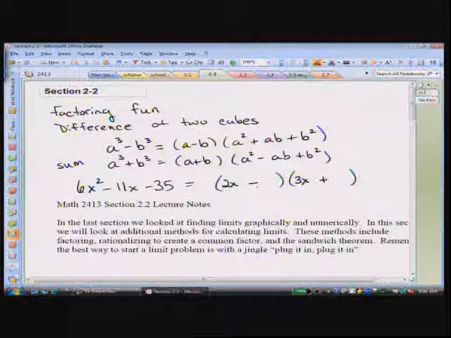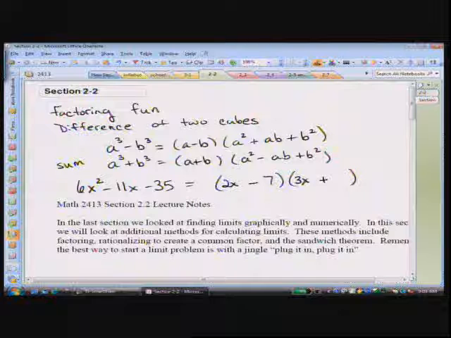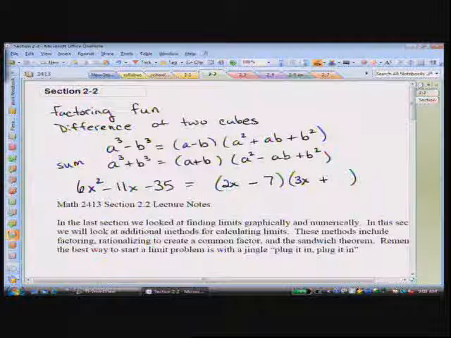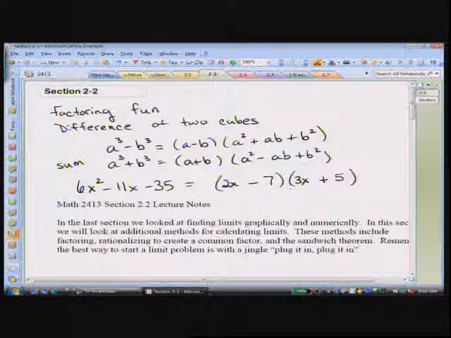If I do the 35 and the 1, that's just not going to get me the 11x. If I put a 7 here, that's going to make negative 21, and if I put a 5 here, that's going to get me positive 10, which will add to get the negative 11x. So familiar? Stare at it, play with it till you get it.